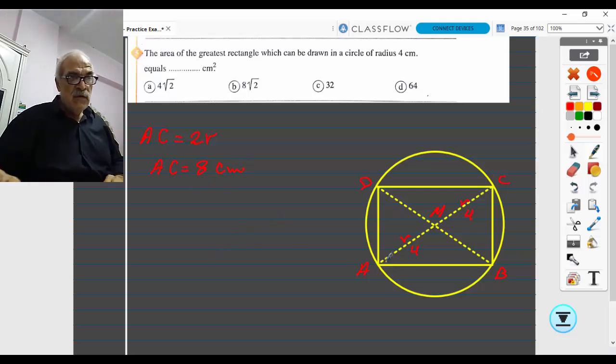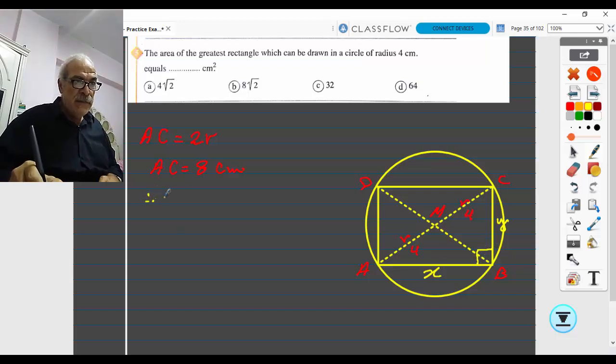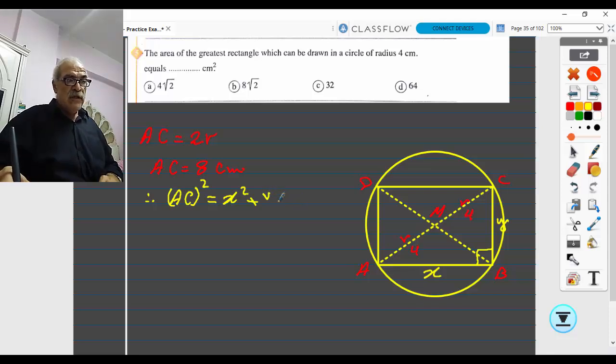Consider AB equals X and CB equals Y. What's the relation between AB, BC and AC? Here we have a right angle triangle. So AC square equals AB square, X square, plus BC square, Y square.